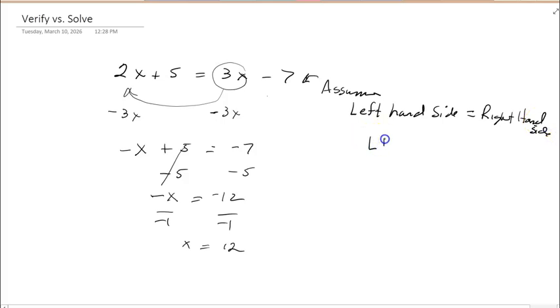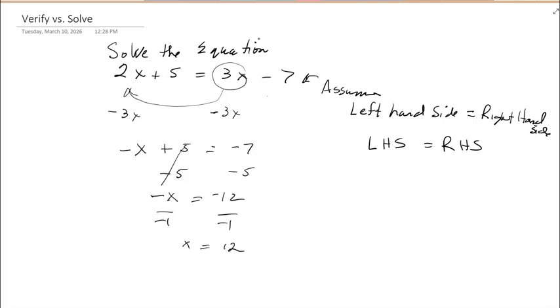So from now on, I'm going to call this just LHS, does indeed equal right-hand side. We can make that assumption because in a case like this, we're simply told to solve the equation. So if the directions read solve the equation, you can make that assumption from the very first step that the left-hand side does indeed equal the right-hand side, which allows me to apply properties.